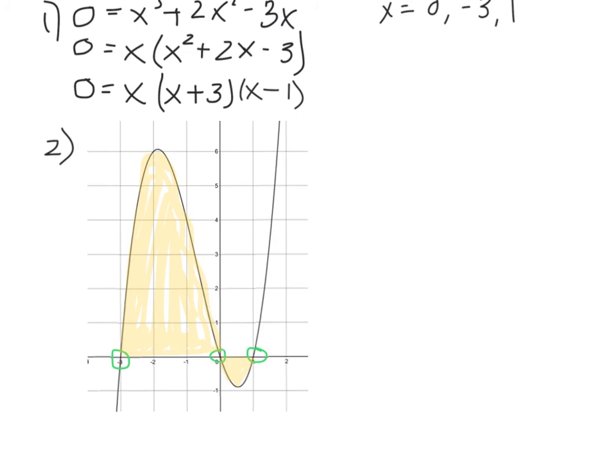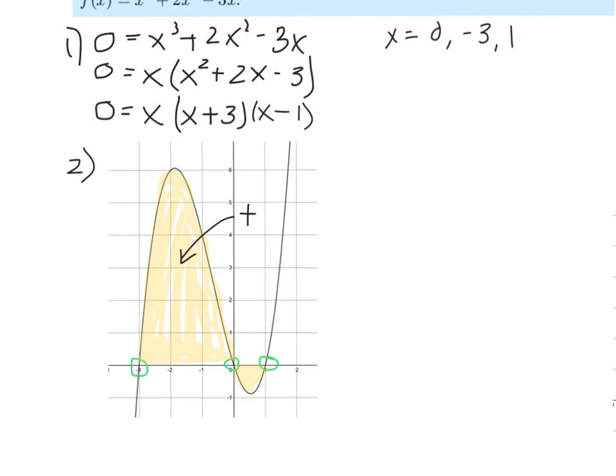So between -3 and 0, my top function is going to be my cubic function. Between 0 and 1, my top function is going to be the x-axis. And what we're going to find is that the area of our first arch is going to be positive, and this area is going to be negative.